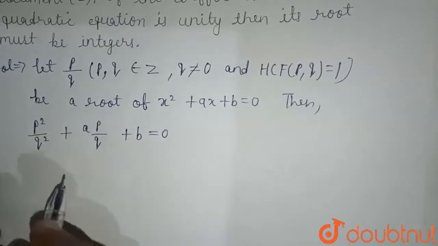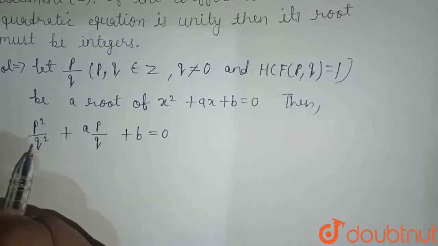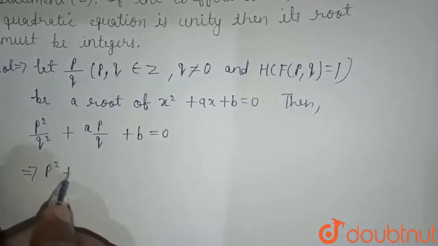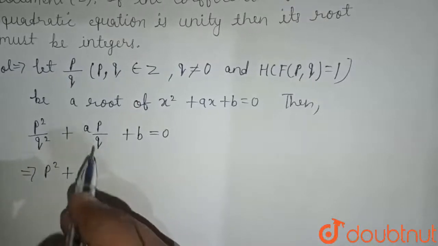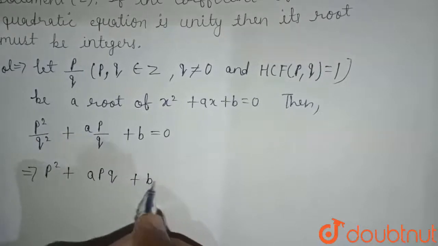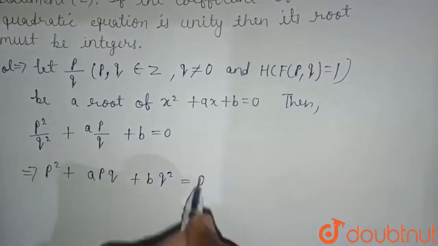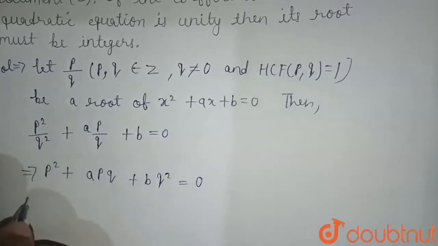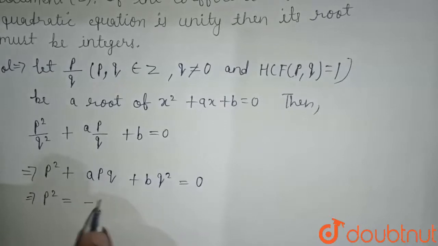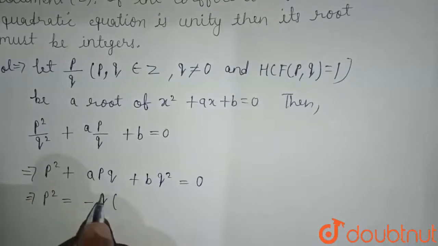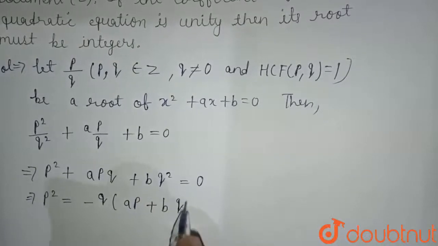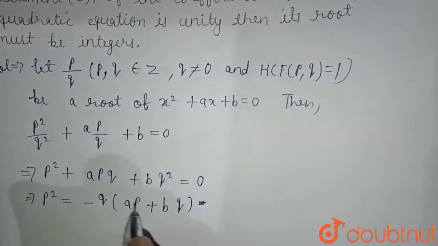So q square will be cancelled out, p square will remain, plus apq plus b q square, and it will be 0. Now we can write p square equals, transferring this term to the other side, minus q as common, so remains ap plus bq.